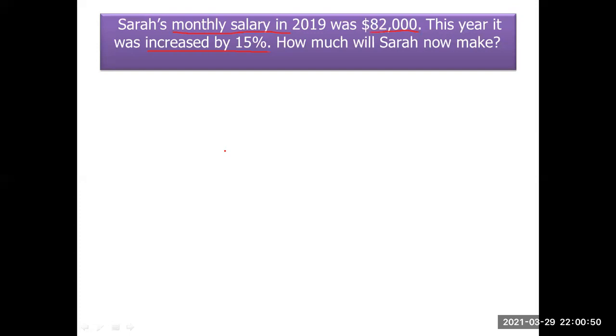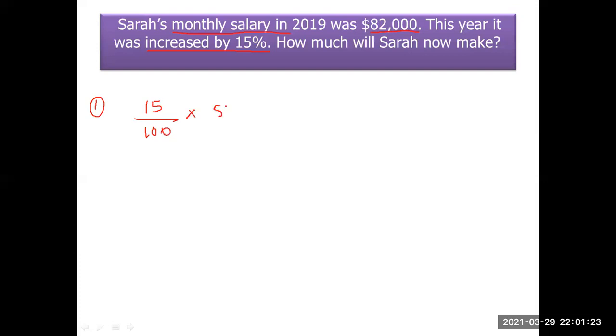Very good. So what are we going to increase the salary by? Do we know? No, we don't know as yet. We have to find 15% of the 82,000 to know the value that the salary will be increased by. So step 1, find 15% of 82,000.